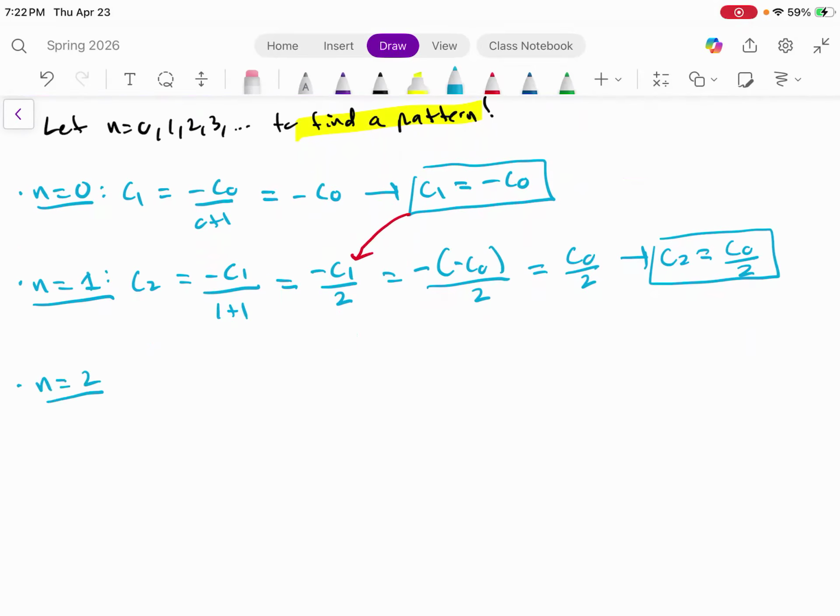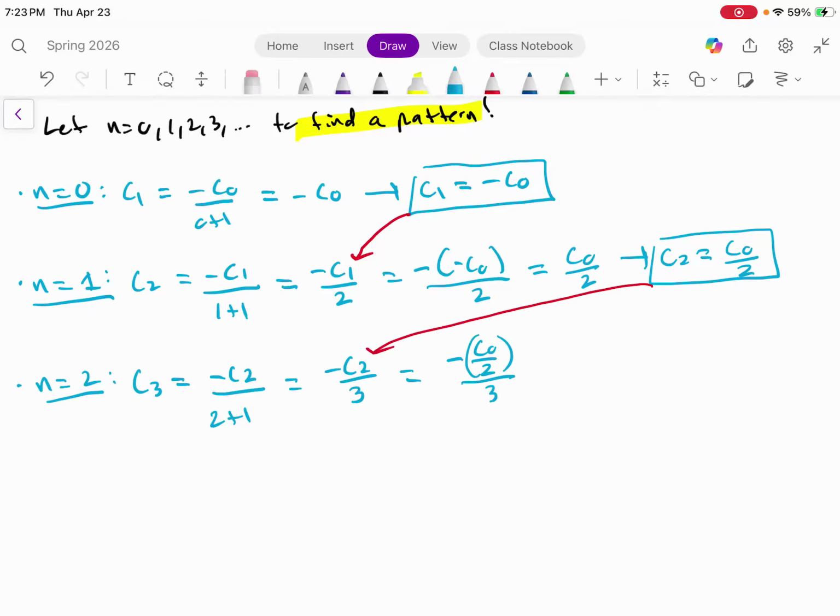For n equals 2, I get c3 equals negative c2 over 2 plus 1, so negative c2 over 3. Like the previous recurrence, I can plug in the previous term. I know c2 is c naught over 2, so this would be negative c naught over 2 all over 3, and that turns into negative c naught over 6. And so c3 equals negative c naught over 6.